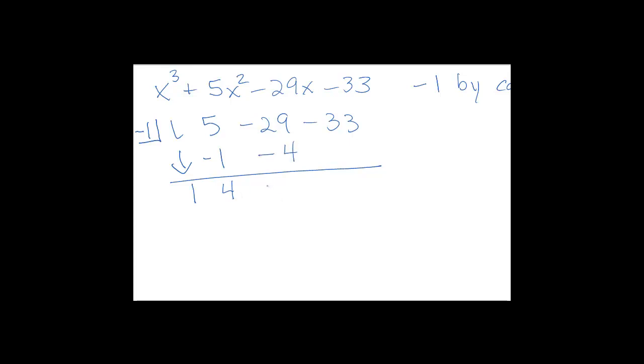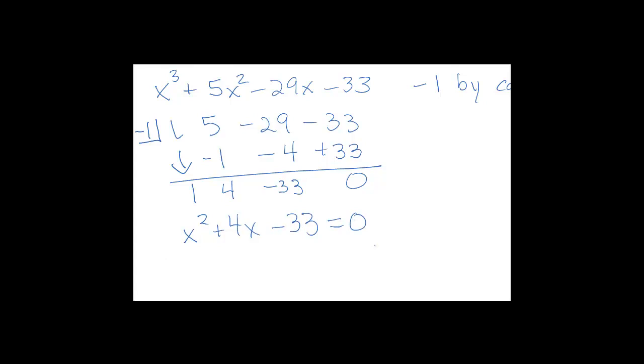This gives us -33 times a -1 gives us positive 33. And 0 for a remainder, which is what we expected. So now we would drop 1 degree lower. We have x squared plus 4x minus 33, and that is the quadratic that we want to solve.